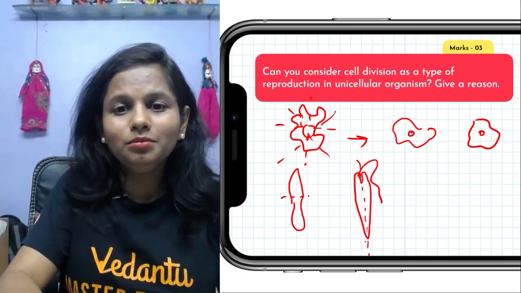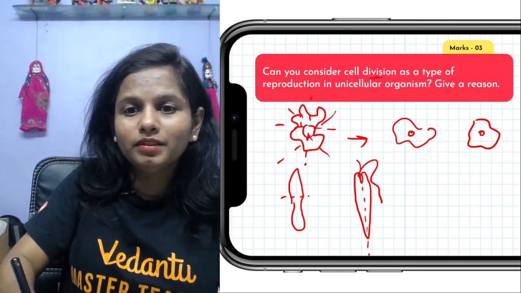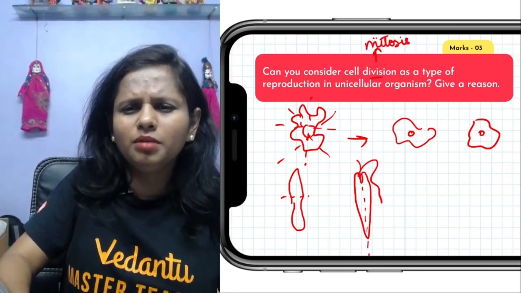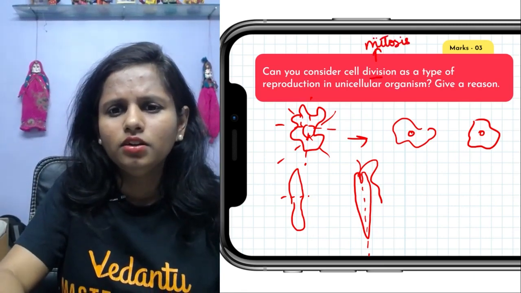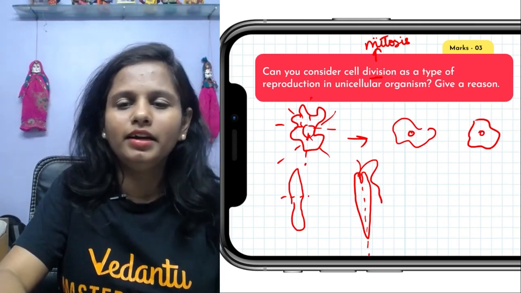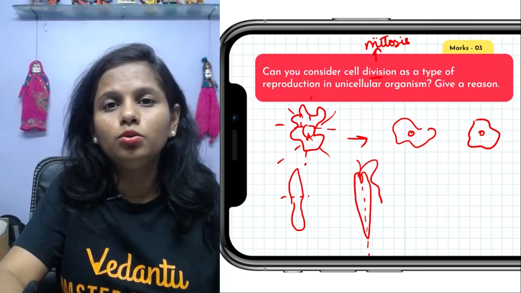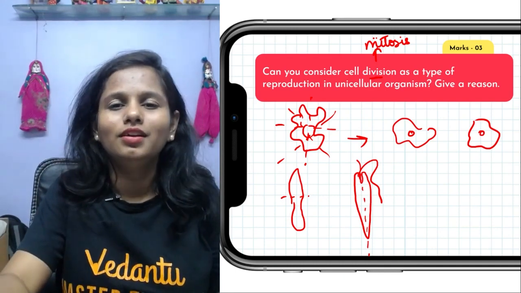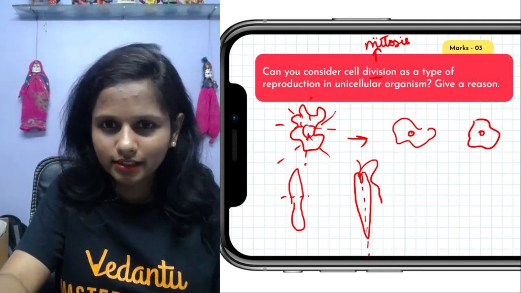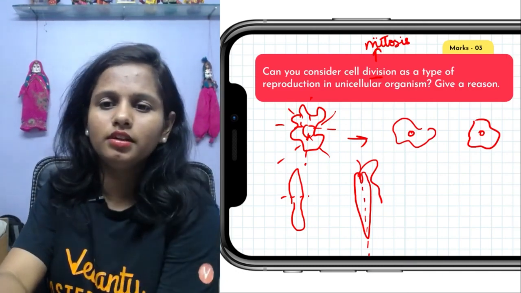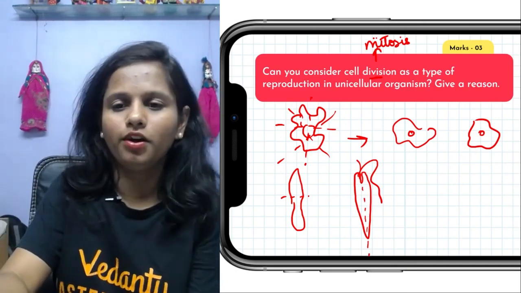So organisms divide by the process of mitosis. In case of amoeba, it's amitosis. So organisms divide by mitosis in order to reproduce by the process of binary fission, and thus we can consider that cell division is of course a type of reproduction.